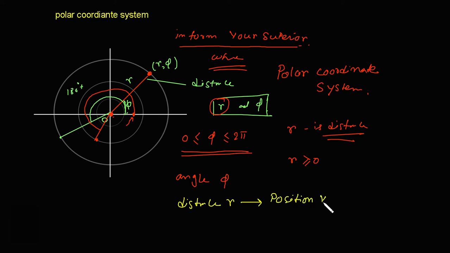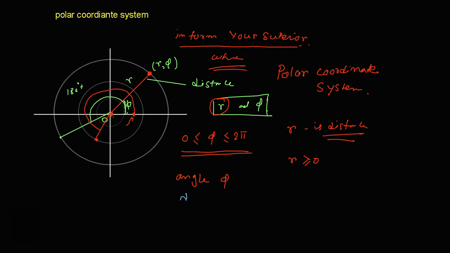So this r is the position vector. Actually, position is not a vector yet, but okay, it is position vector for simplicity.